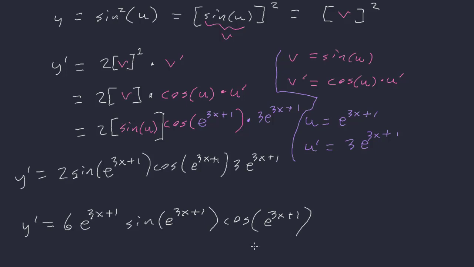Whew. Okay, yeah, kind of a hassle, but if you don't see right off the bat how to approach these, you can always set up chains of u's and v's and w's and what have you to get down to your final answer.